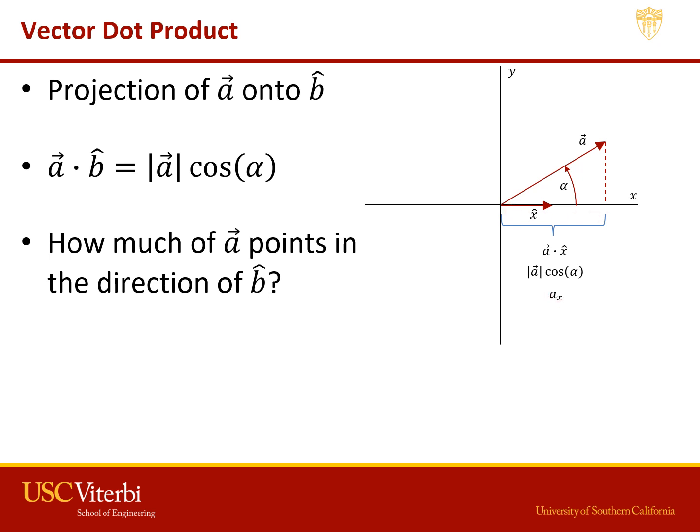A sub x was r cosine alpha. Or instead of writing r, we could write magnitude of A. So magnitude of A cosine alpha is a sub x. Well, that's the dot product. So check this out. In programming, we call that A.x. And A.x equals A dot x. Interesting.